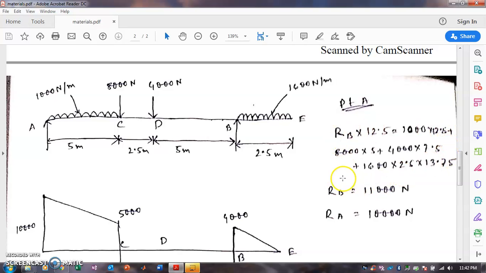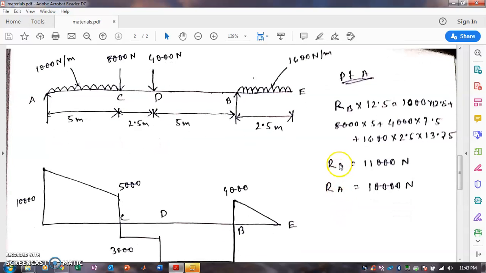From this equation we get the value of RB, and that is 11,000, so 11 kilonewton. The value of RA is the total force minus RB, or we can also take moments about RB, and we get RA as 10 kilonewton.